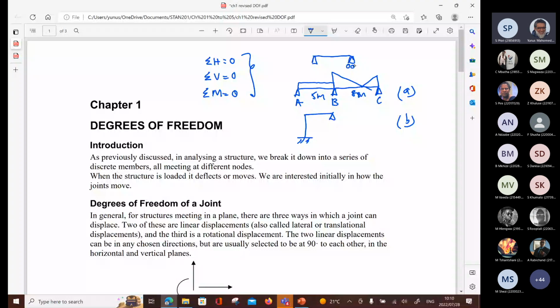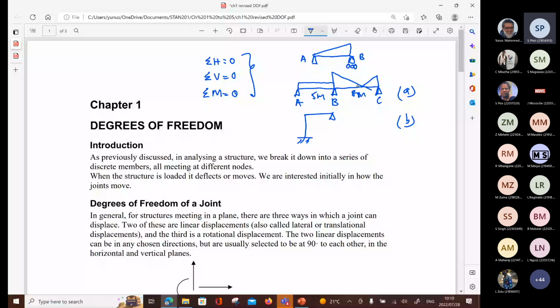So basically, first of all, there are only vertical loads. Sigma H is not really going to help us because the horizontal reaction at A, the horizontal reaction at B, and the horizontal reaction at C are all zero.